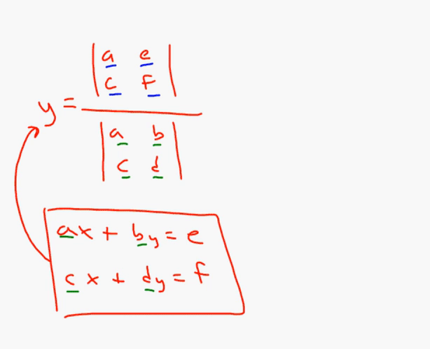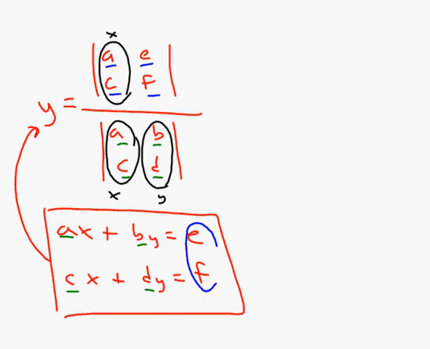You want to think about it this way, this will help you a little bit. Here are the coefficients of x. These were the coefficients of y. And if we look at the upper matrix, these are still the coefficients of x. But the coefficients of y are gone, and they've been replaced with these.